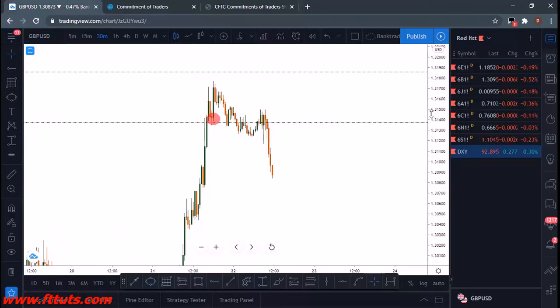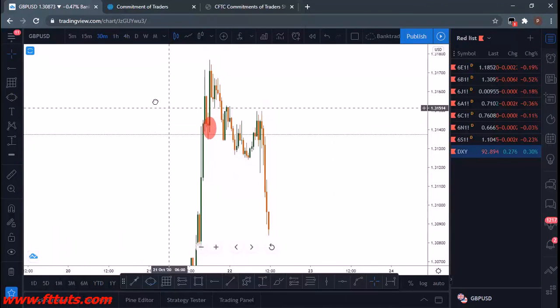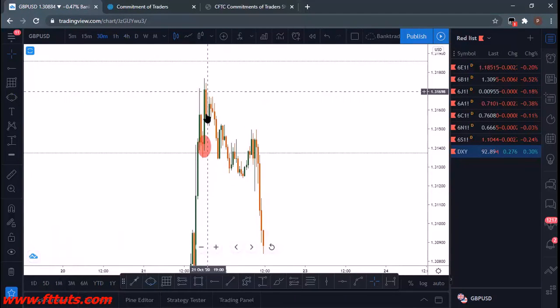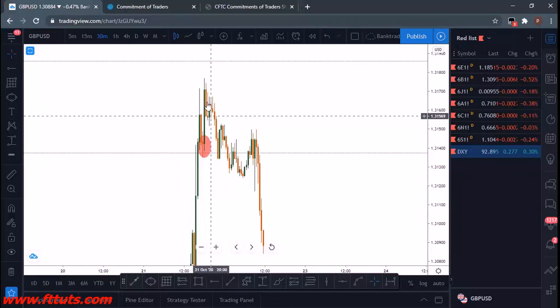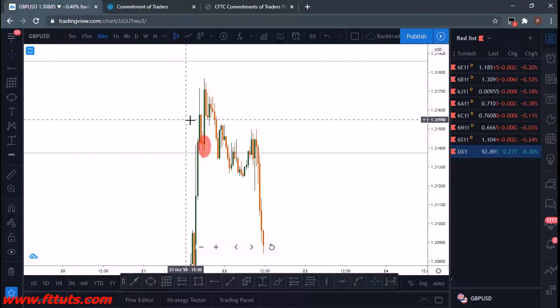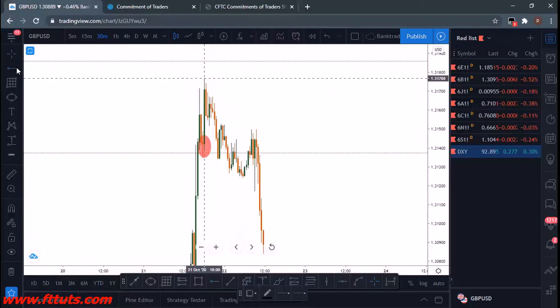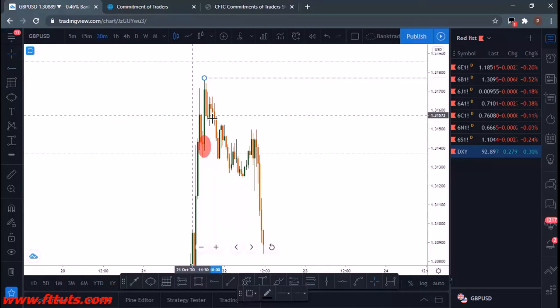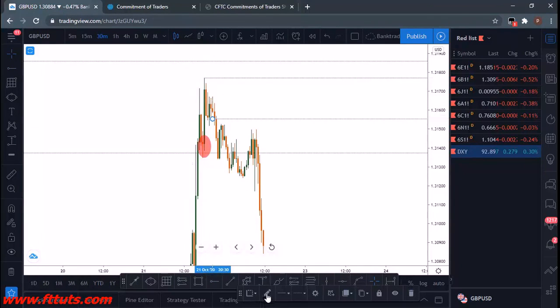So this whole move down, I need to see where this nice, this is not a nice candle here. So the way this nice candle could be here, the high and this one, copy my areas.